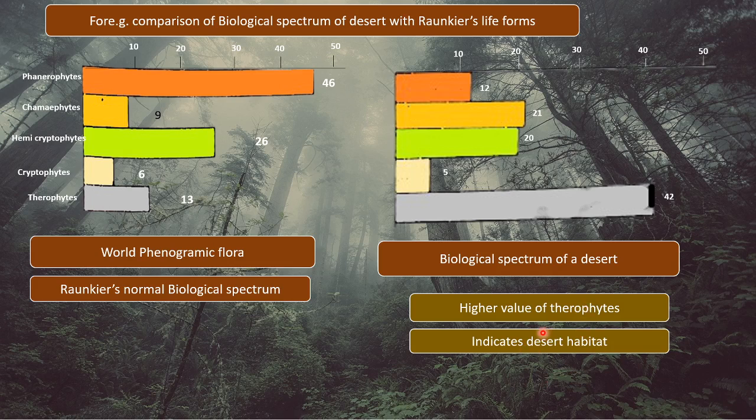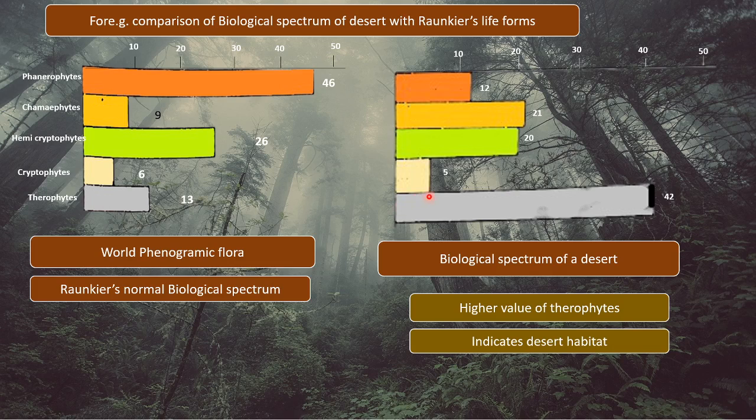Even by visualizing an area, sometimes you might not be able to identify whether this is a desert or some other kind of habitat, but when you do this study of all the flora present there by the physiognomic method, you will identify what kind of habitat is present there.